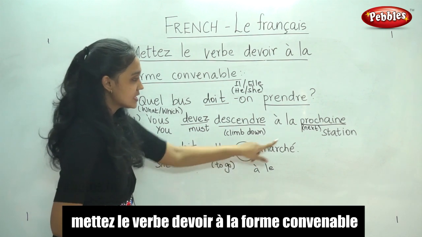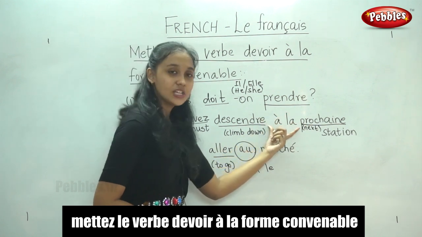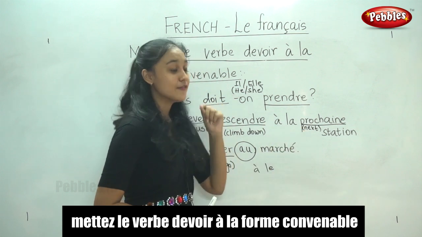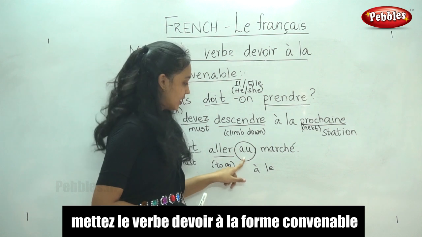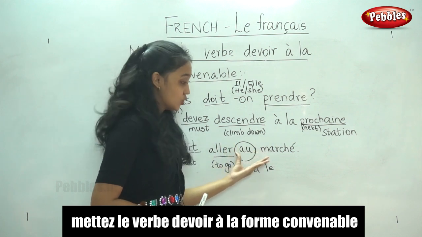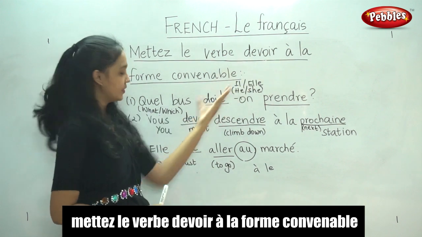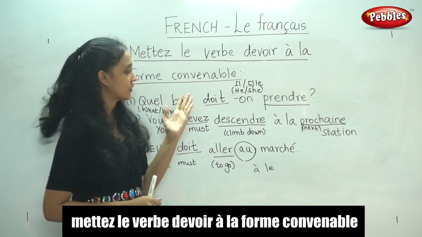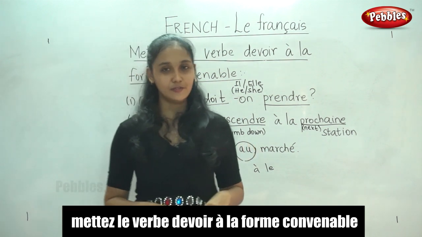If you notice here, we have à la. So, when does à la come? When we write it before a noun that is feminine singular. So, you can observe how it is used in these sentences. And here we filled up the conjugation for devoir. So, I hope you are clear with whatever we have learned today, and we will continue learning more in the future classes.